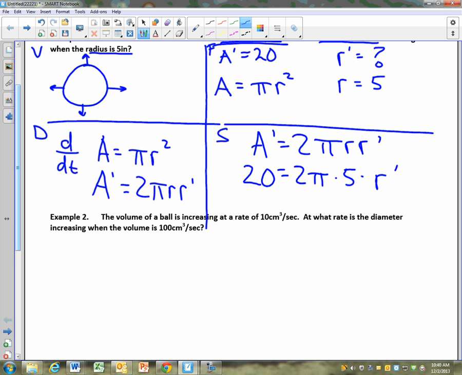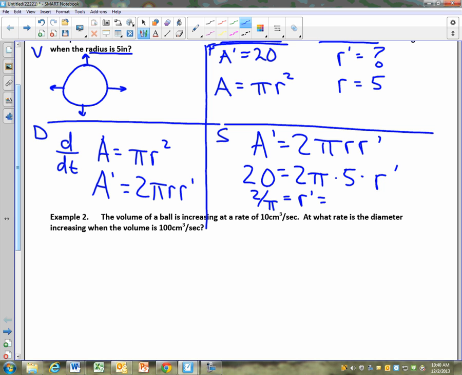We don't know. So we just solve now. We got 20 is equal to 2 pi 5 r prime. Divide both sides by 10 pi, and you get 2 over pi equals r prime.